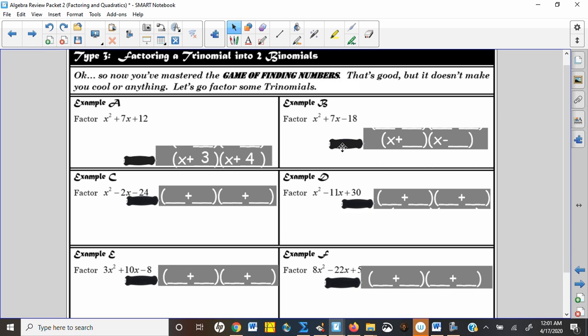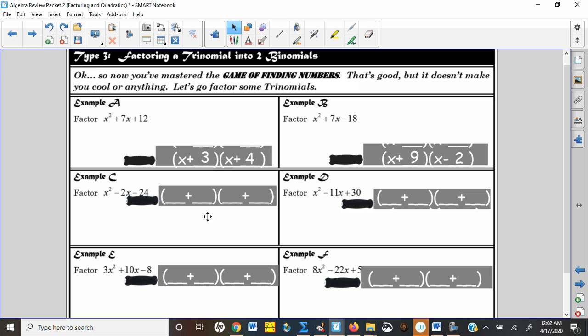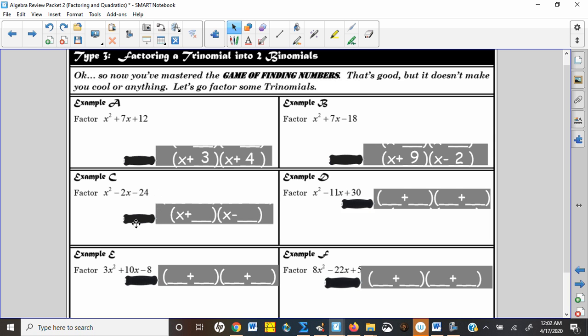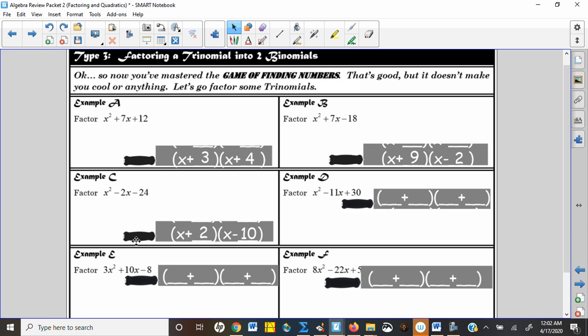But add to 7, so positive 9, negative 2, right? What two numbers multiply to negative 24? Oh, negative, so positive, negative, but add to negative 2. So how about negative 6, positive 4?